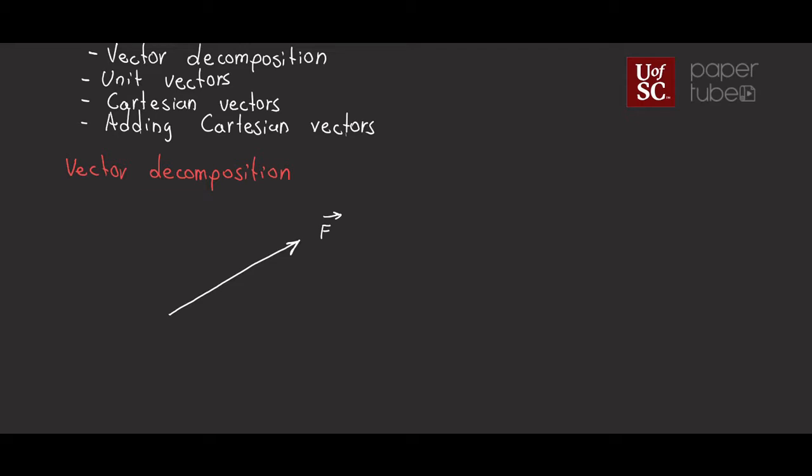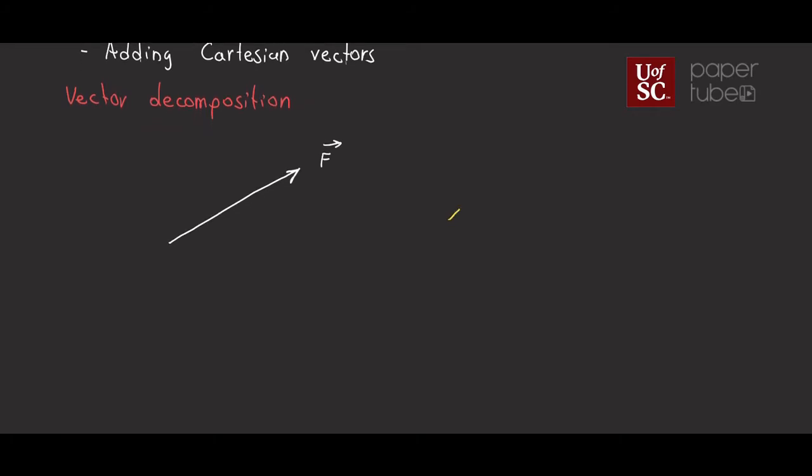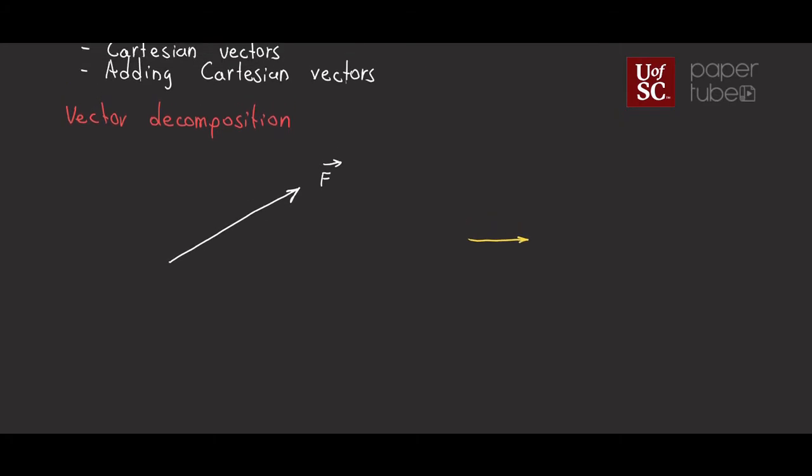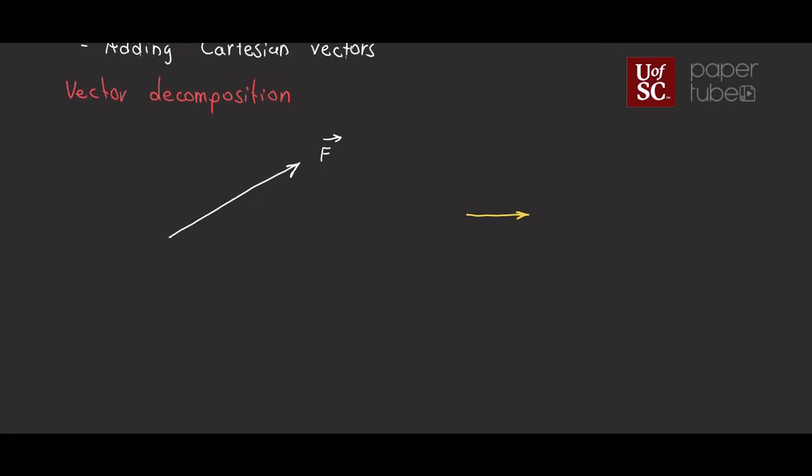Let's say that I have a direction that is like this, and let's say another direction that is most parallel to that vector. Let me see if I can go back. There you go. So let's say that we have a direction that is like this, and a second direction that might be like this.